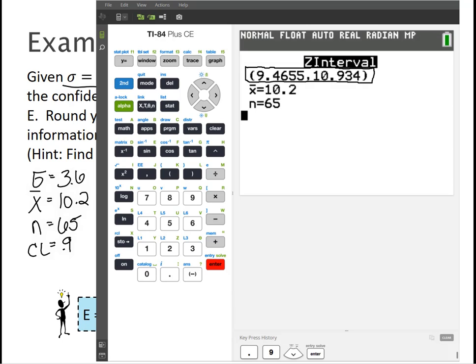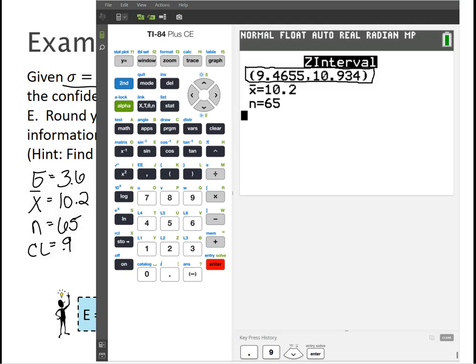In this case, my answer is a lower confidence limit of 9.4655 and an upper confidence limit of 10.934. The problem tells me to round to the nearest thousandth, which is the third decimal place. My lower confidence limit has 4 decimal places, so I'm going to round that to 9.466.